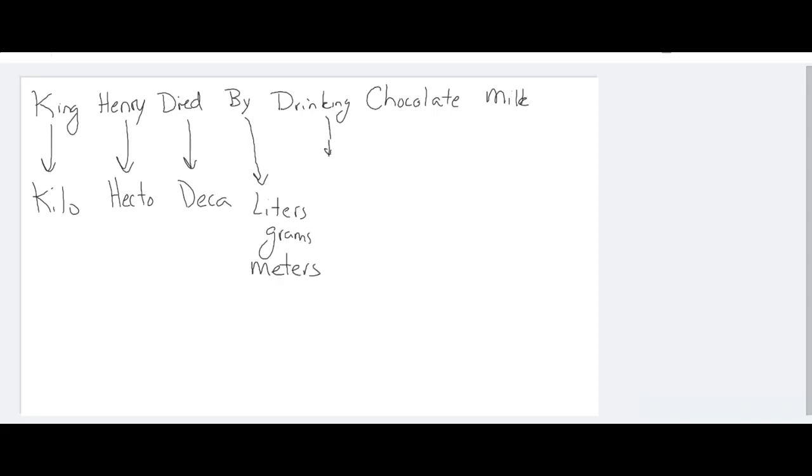Drinking is deci, D-E-C-I. Chocolate is centi. And milk stands for milli. Now, when we are doing this, this would represent 1. This would represent 10, 100, and 1000.